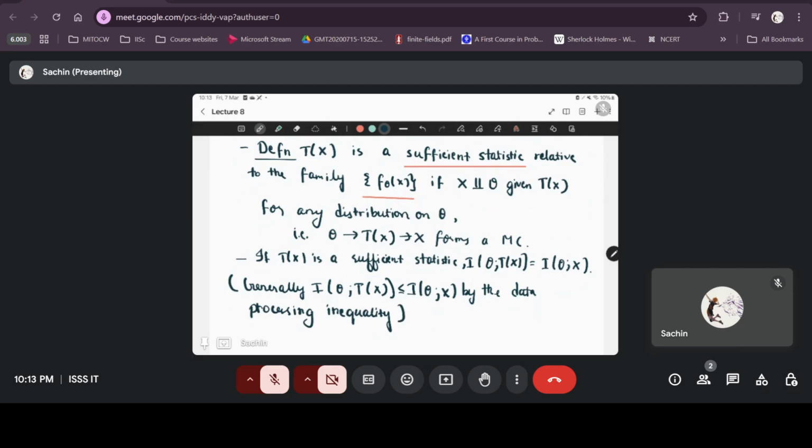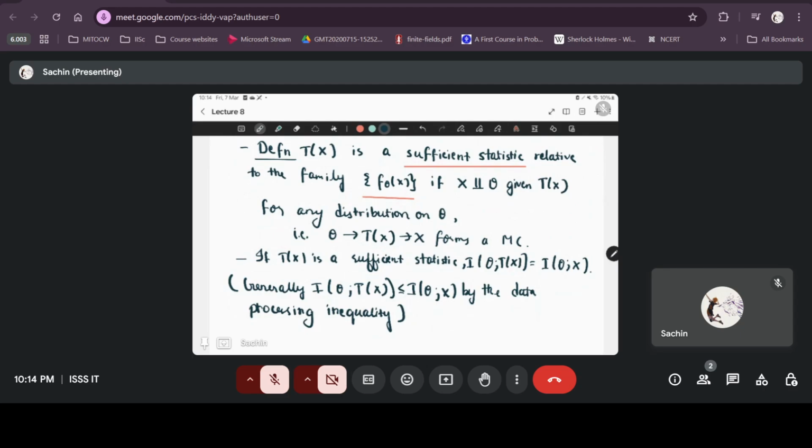So that's the difference between just any statistic T of x and a sufficient statistic T of x. Just a random statistic T of x, which depends on x, will give you at most the same amount of information as x.